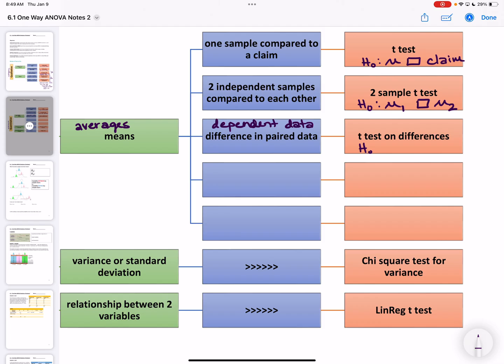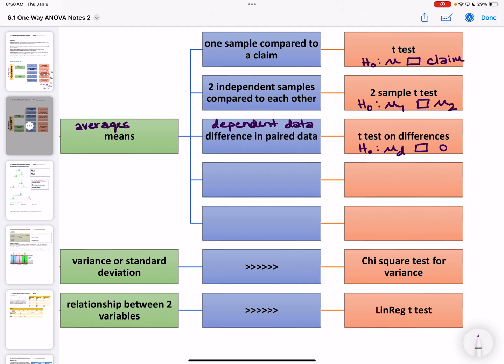So the null for that one looks like mu sub D compared, and usually we compare it to 0. If we're looking for negatives, we make it less than or equal to 0, or we might make the alternate less than 0, so the null would be greater than or equal to 0. If we're looking for positives, maybe we want to see does their grade go up, right? Then we make the alternate be mu sub D greater than 0.